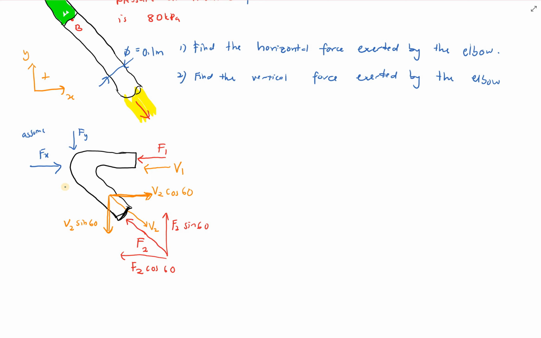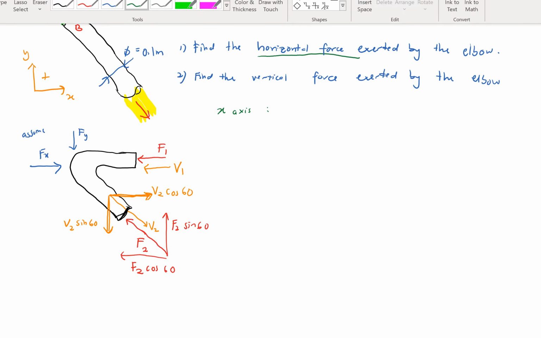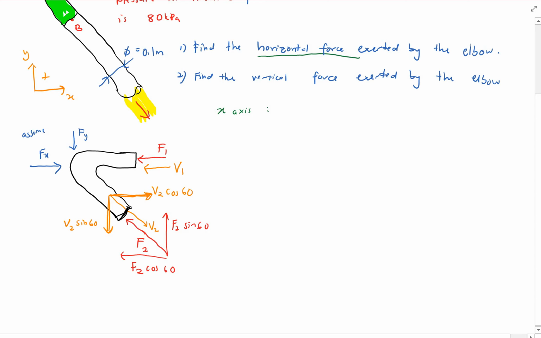Next, we go straight away with our question number 1. Find the horizontal force. Okay, so you are looking for the x-axis. So what you have to do now, look at all the forces acting on the x-axis. I will highlight all the forces acting horizontally.